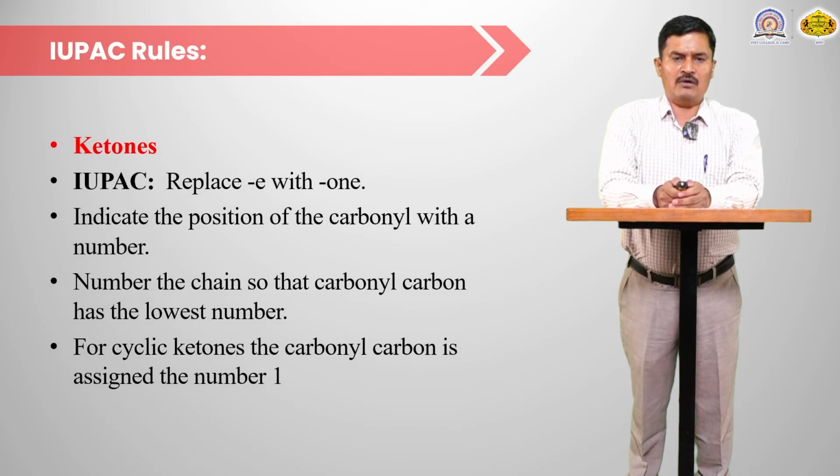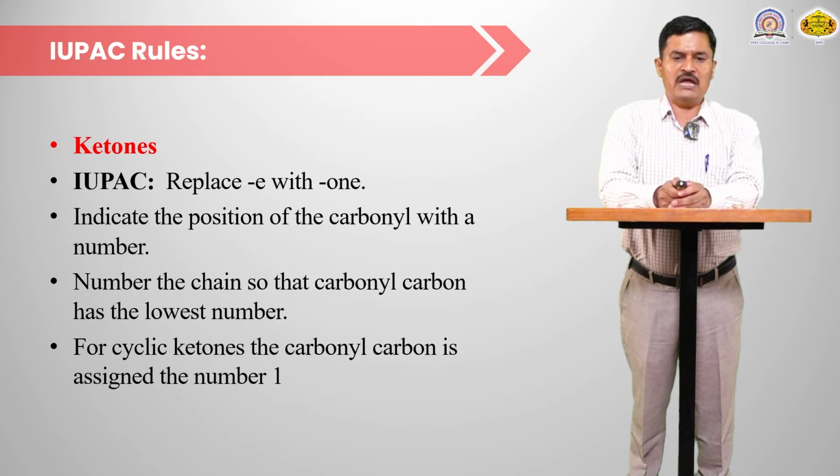Then IUPAC nomenclature of the ketones. In the case of ketone, the last word in alkane, E, is replaced by ONE. Indicate the position of the carbonyl carbon with a number. Means in the case of ketone, the carbonyl carbon may be present at the 2 position or 3 position or like this. So numbering must start from the lower side, from the side nearest the carbonyl carbon.